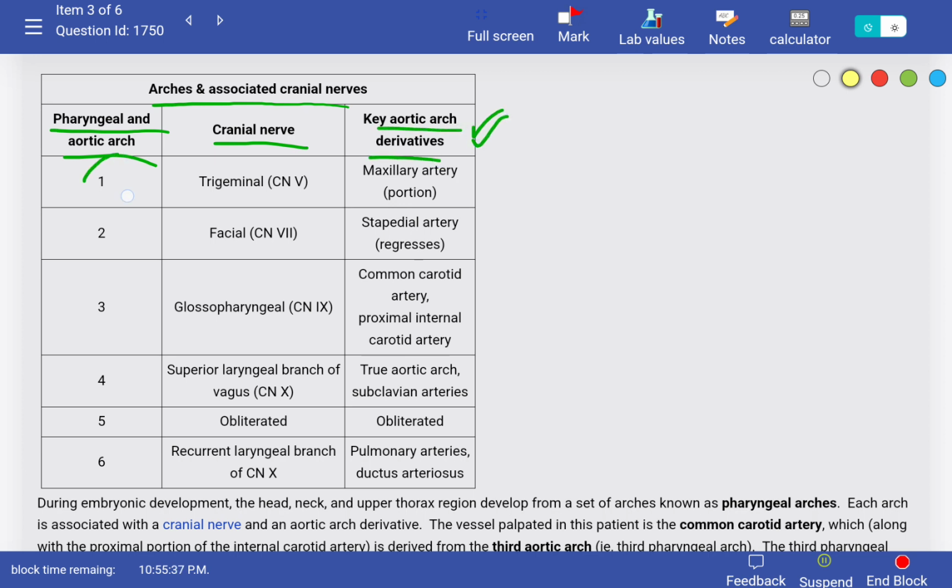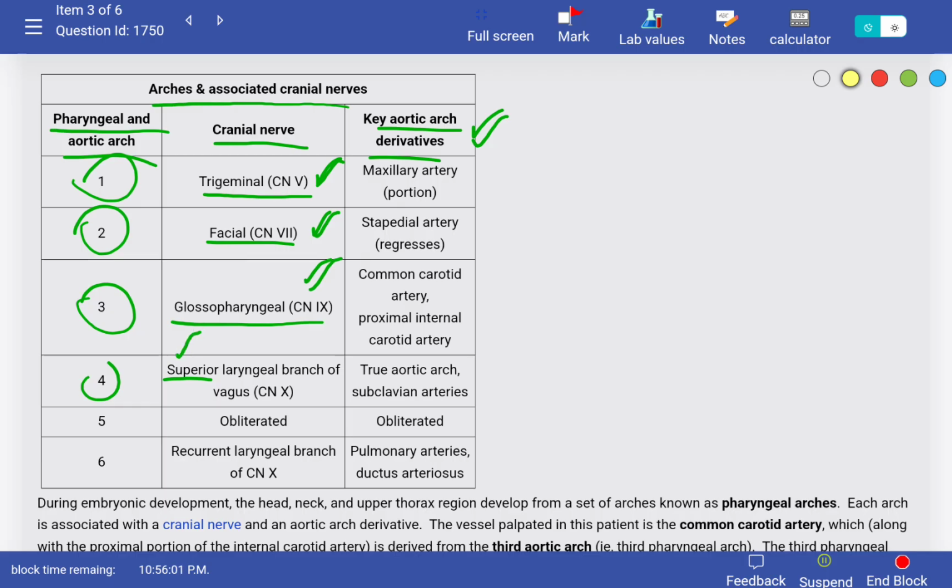The first pharyngeal and aortic arch is associated with cranial nerve 5, then the second with cranial nerve 7, then third, that is cranial nerve 9, glossopharyngeal. Then fourth is with superior laryngeal. Then the fifth one is obliterated.